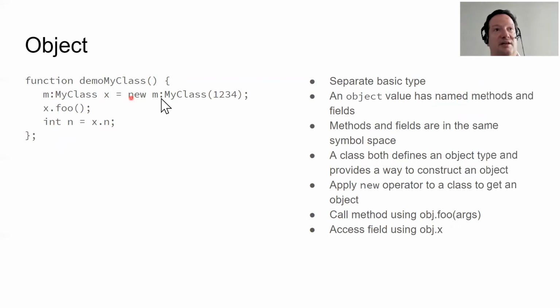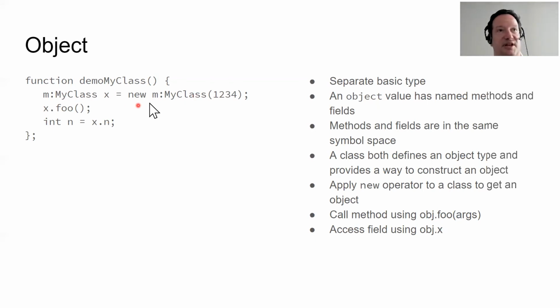So you have some module that defines a class, and you use new on it, you pass some arguments, and then that creates a value that's an object that belongs to the class, and then you can call methods on it, and you can access its fields.